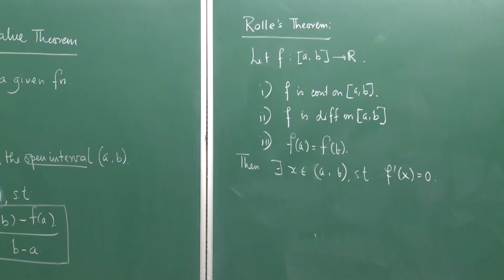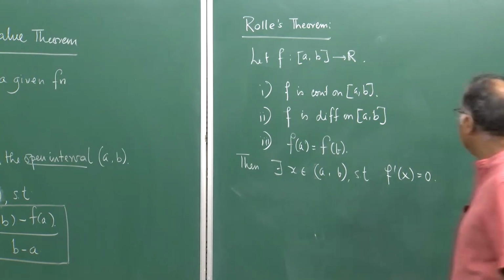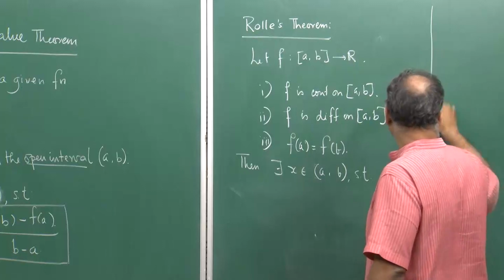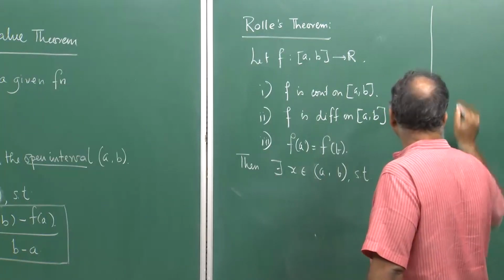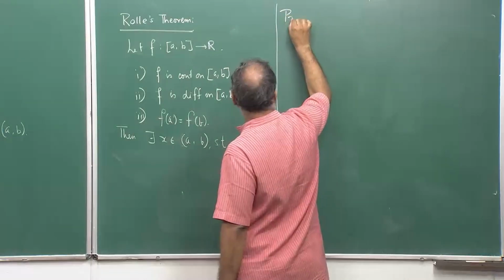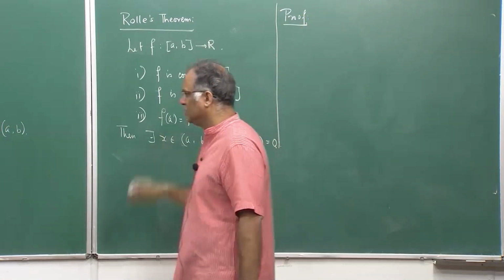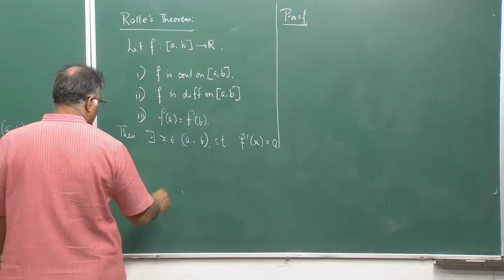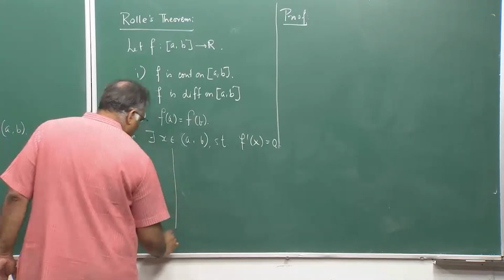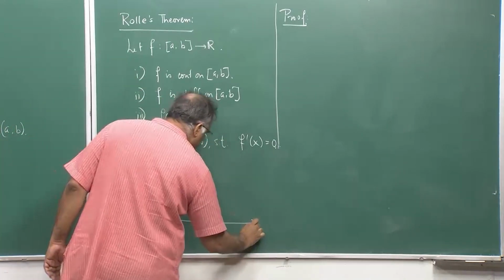Now, how do I prove this result? You will see whatever you have learnt in the classes previously will now come to your help. Pictorially this result looks like this.